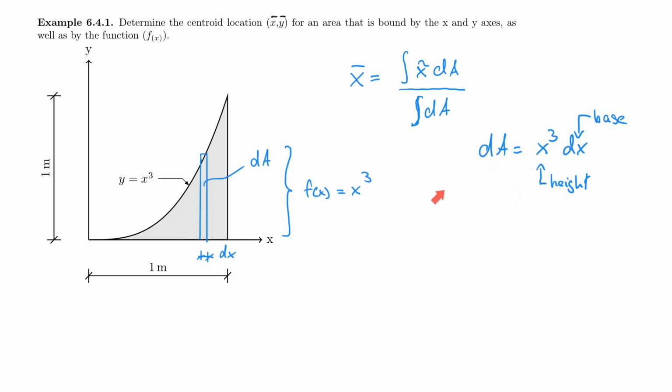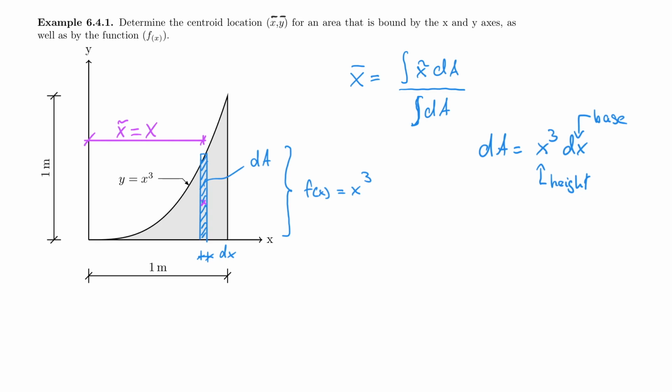My step number 3 was to determine the centroid location. So I have to define where the centroid location of this is. And it's a rectangular element, so it's exactly in the middle here. What that means is that I have an x tilde for this element, and for any other element, that is equal to x, right? Even if I move this area element further to the left, I would still integrate at x.